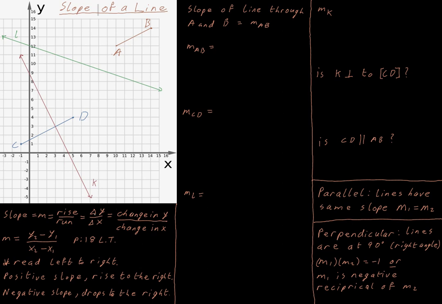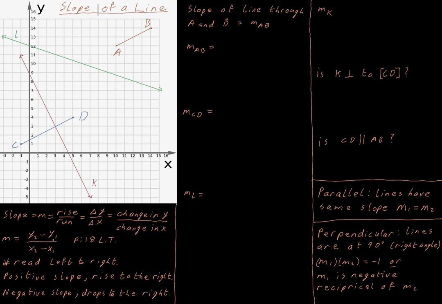And we can write this as the change in up and down value, which is y, the change in y divided by the change in x. So this triangle symbol here means delta, and it means the change in something. So the change in y divided by the change in x is just a more mathsy way of saying rise divided by run.